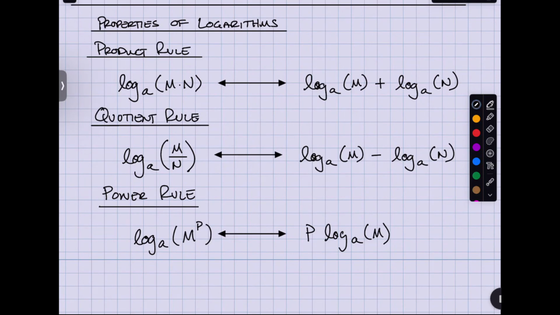So we have to be able to go back and forth. It's going from left to right or right to left. Which direction would be considered condensing? Which direction would we consider expanding?